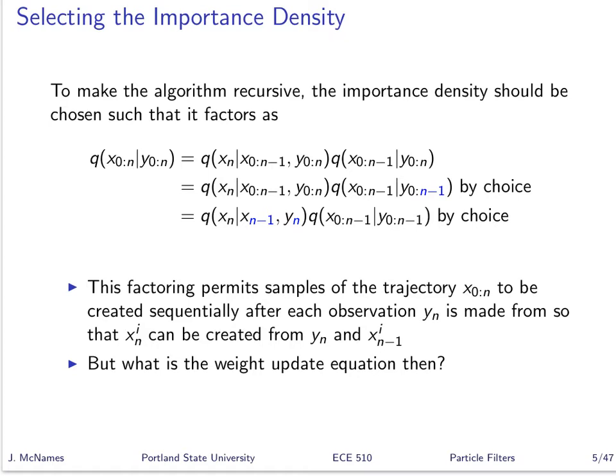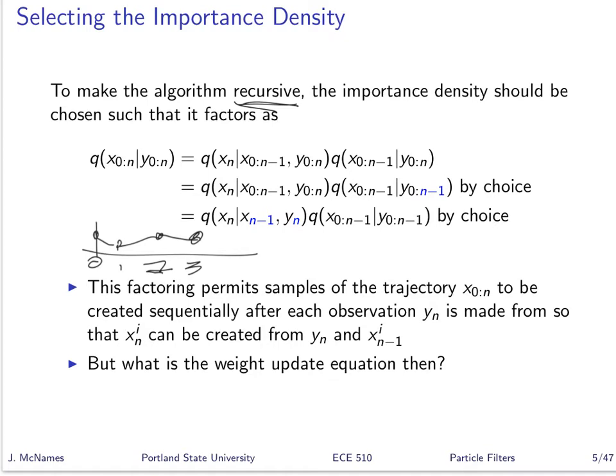So if you've calculated over time 0, 1, 2, 3, etc., what the value is, when we want to calculate what it is at time 3, we can advance from where it was at time 2. We don't have to go back and recalculate the entire trajectory from 0 to time 3. So we've made a recursive importance density. The recursive part of this is really the only thing we've accomplished and the only property we need right now.